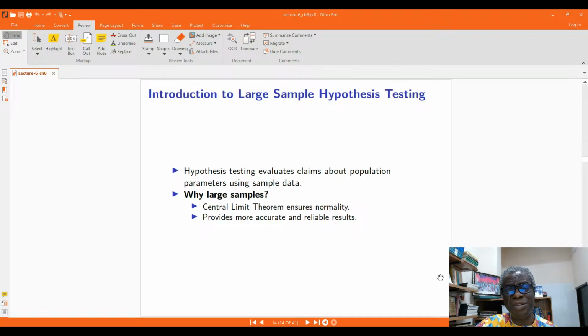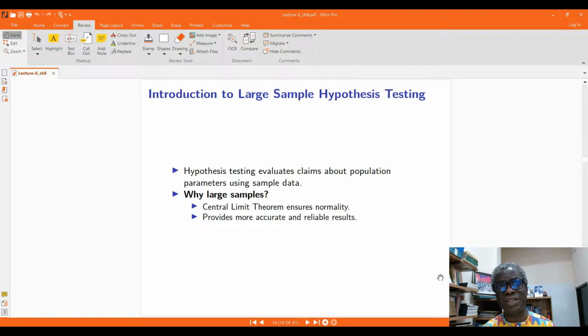You already know that hypothesis testing is a systematic way to evaluate claims about population parameters using sample data.